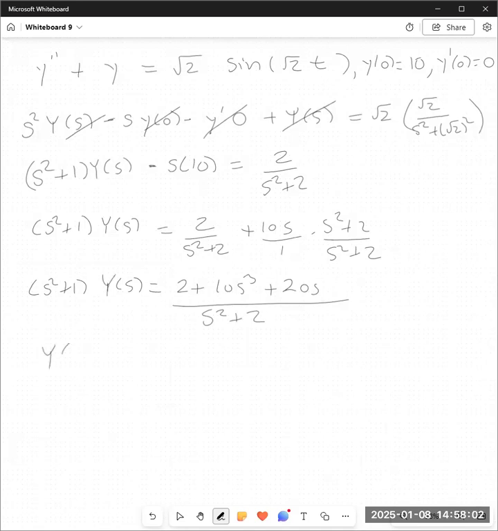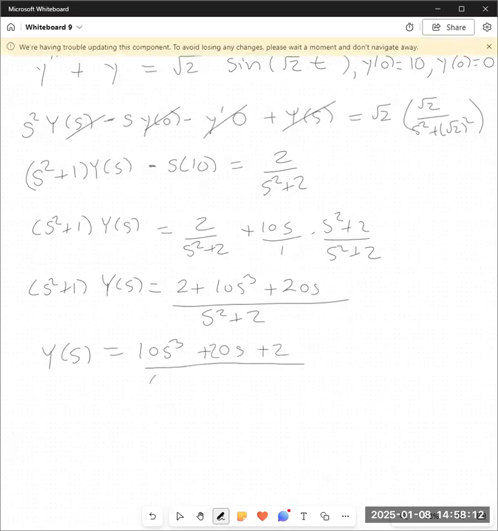So capital Y of s is equal to 10s cubed plus 20s plus 2 over s squared plus 1 times s squared plus 2.